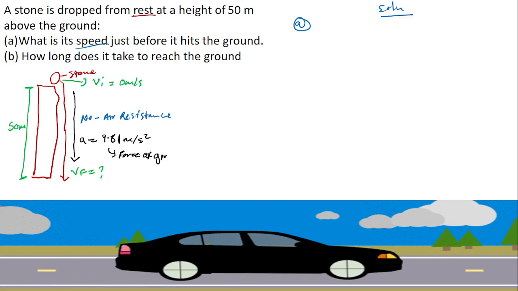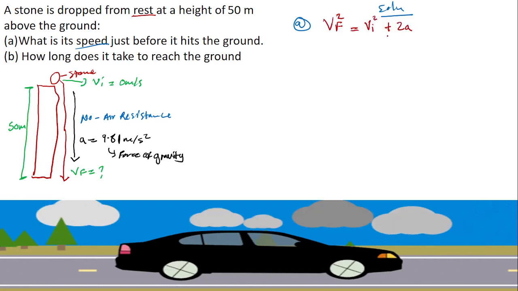So the formula we can use is V final squared equals V initial squared plus 2aS, where aS, aX or aY can be used.